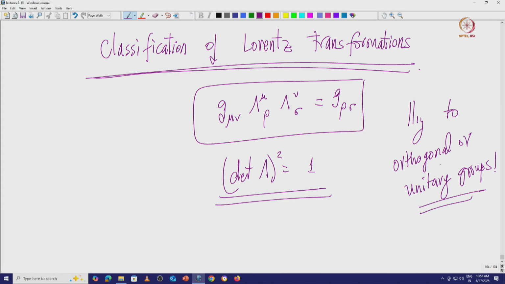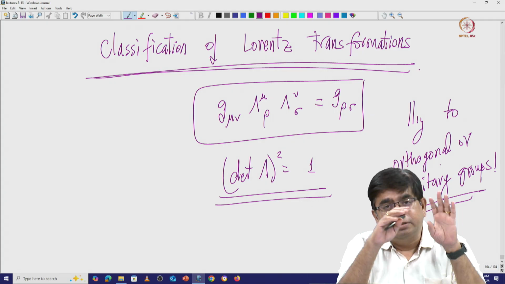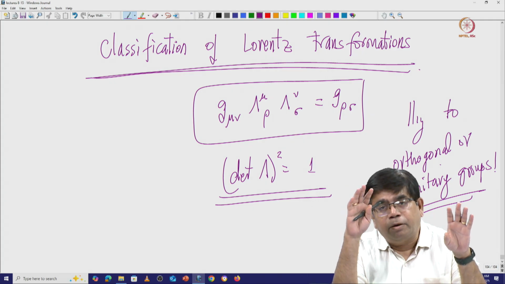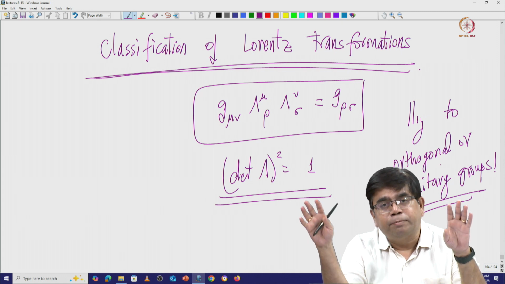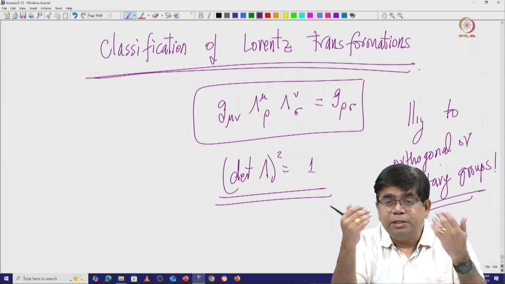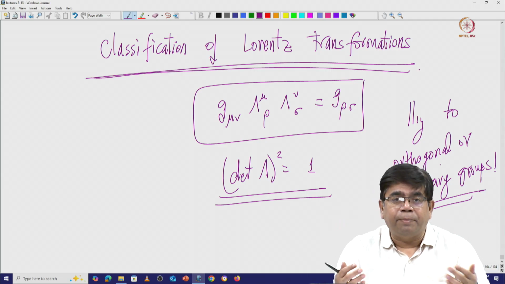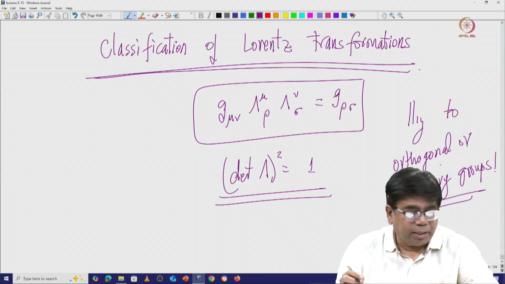As I said, it is not SO4, it is SO31 because there is a distinction between space and time, and it doesn't keep the length of the vector invariant, but something called the line element, x0 square minus x bar square, which is the reason for the difference. But this property that det lambda square is equal to 1 will always be the case.